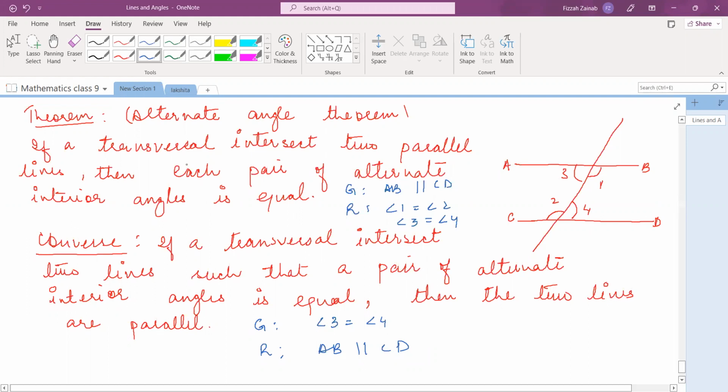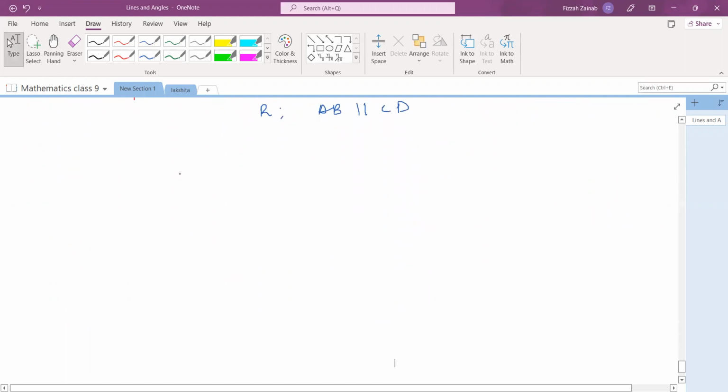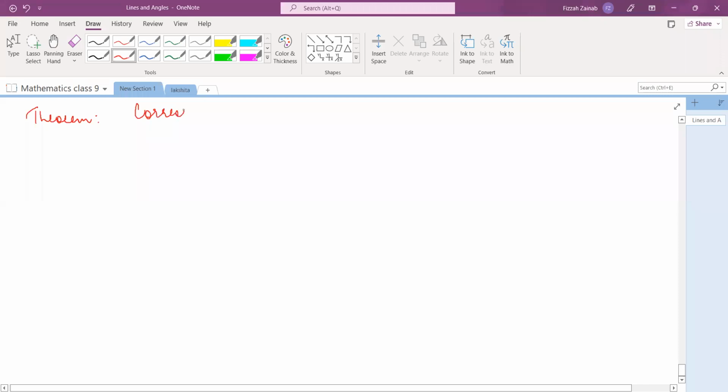There is only one more, which is about... no, actually there are two. One is about corresponding angles also. Okay, another theorem, which is called the corresponding angles theorem.